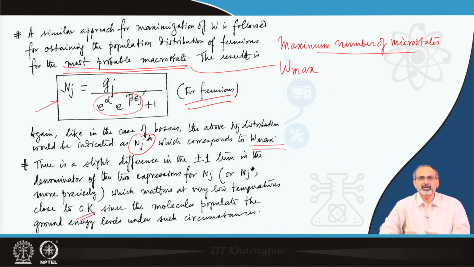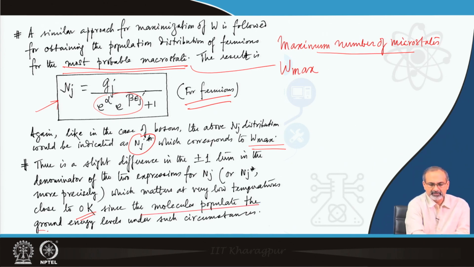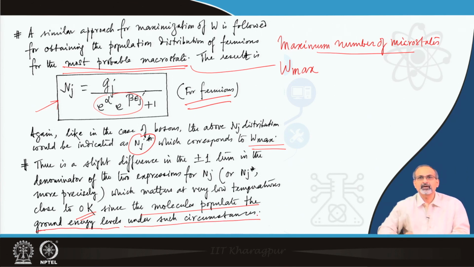What will happen is that the molecules will definitely populate the ground energy levels under such circumstances. That is quite evident from our basic exposure of the different forms of energy that a molecule possesses, and those energies are connected with the temperature, and therefore, if the temperature dramatically drops and goes very close to absolute 0, so does the energy, and therefore, most of the molecules are expected to populate the ground energy levels.